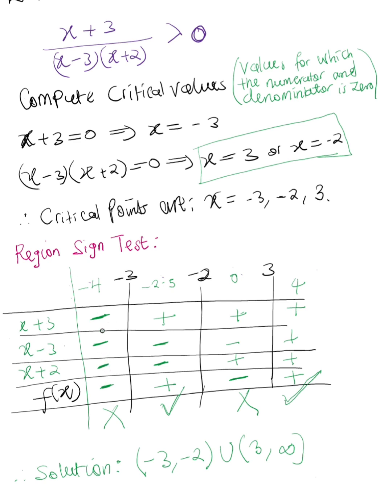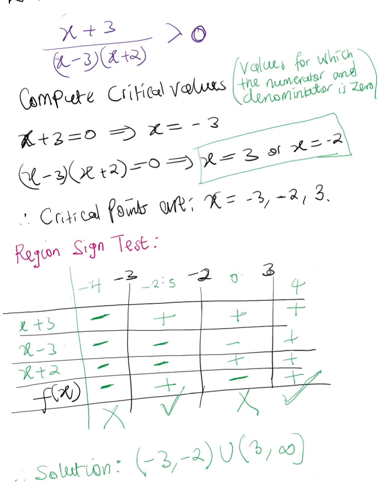So this is a quotient, right? So this is negative, positive is, negative, negative is positive, then negative, it's a negative, okay? So in simple terms, if I pick any value before -3 and put it in the whole function, I find a negative number. But a negative number cannot be greater than 0. So I cross this. It is not part of a solution. But between -3 and -2, it is positive.